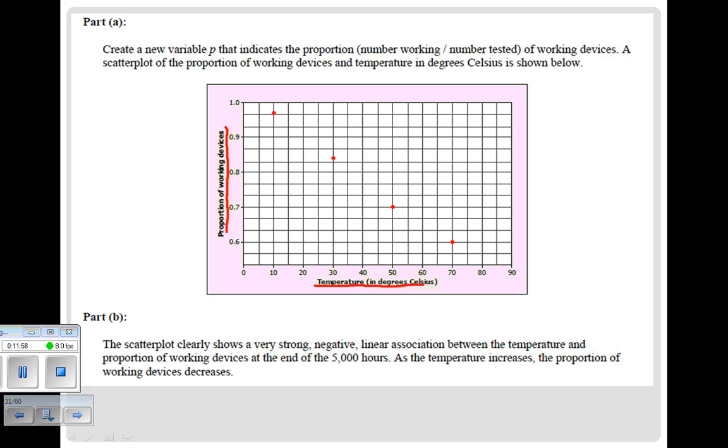You get to keep your temperature, that's definitely quantitative, and then you use your proportion for your y. This scatter plot shows a very strong negative linear association between the temperature and the proportion of working devices at the end of the 5,000 hours. You can see as the temperature increases, the proportion of working devices decreases.